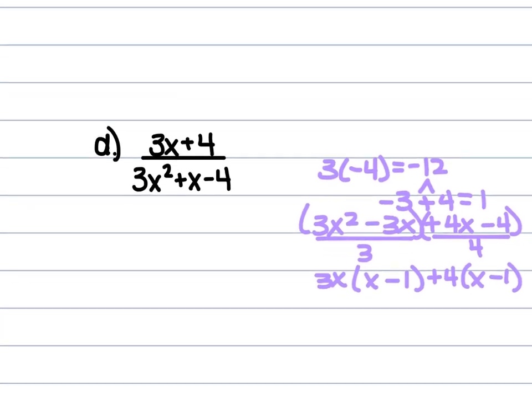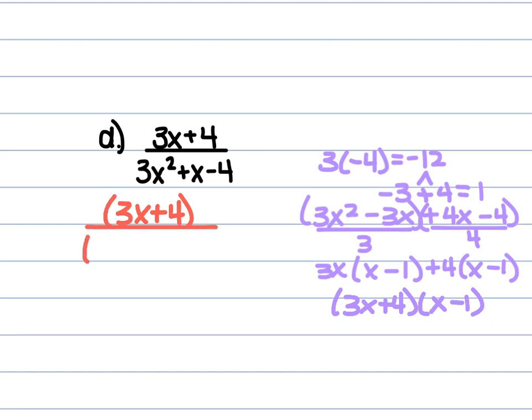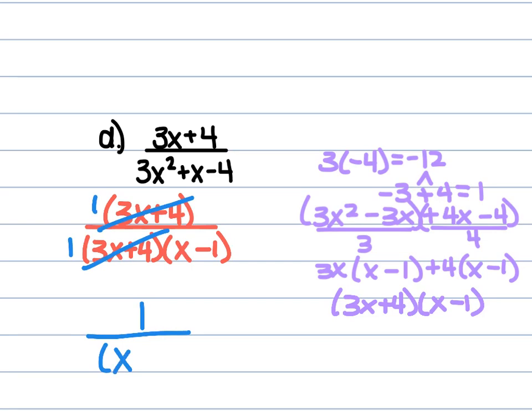So both sets of parentheses are the same, so this factors out to be 3x plus 4 times x minus 1. So rewrite this to where you have 3x plus 4, you can put parentheses around that, over 3x plus 4 times x minus 1. Those 3x plus 4s would cancel. The 1 on top would become a 1. So it's just 1 over x minus 1.